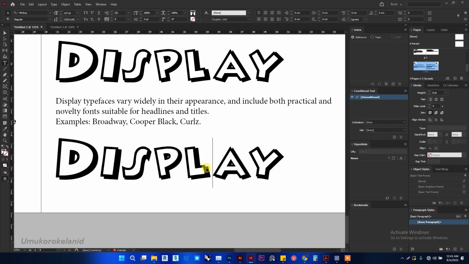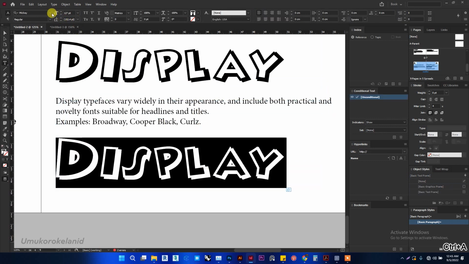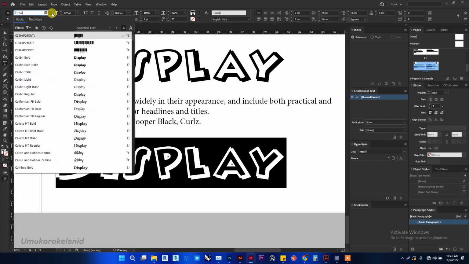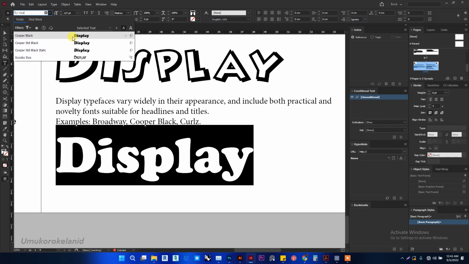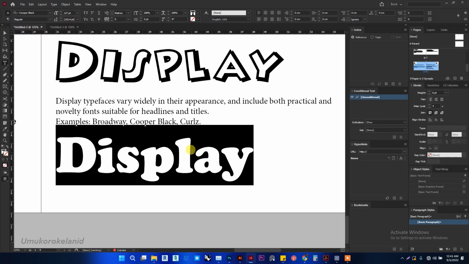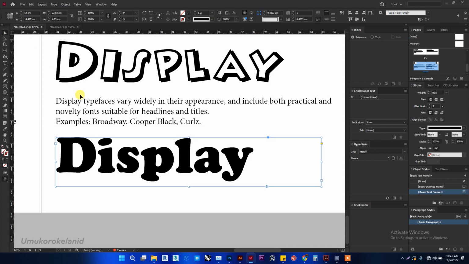Let's see Copperplate Black. So this is a display typeface, and it's definitely outdated. A typeface like this, used in a design, will make your design look, I don't even know the perfect name to associate with a design that has this type.